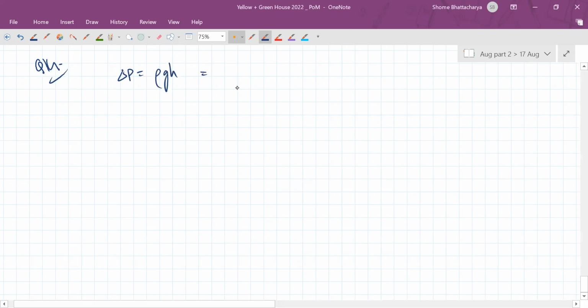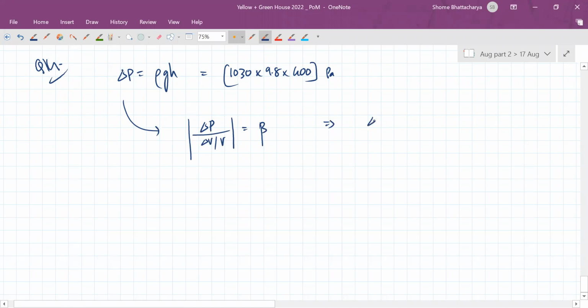So you can take the density of water at the surface only, 1030 kg per meter cube, into g, which is not given to us, so we should take it as 9.8, into the depth of 400 meters. So this is the excess pressure in pascals. So now excess pressure divided by delta V by V.